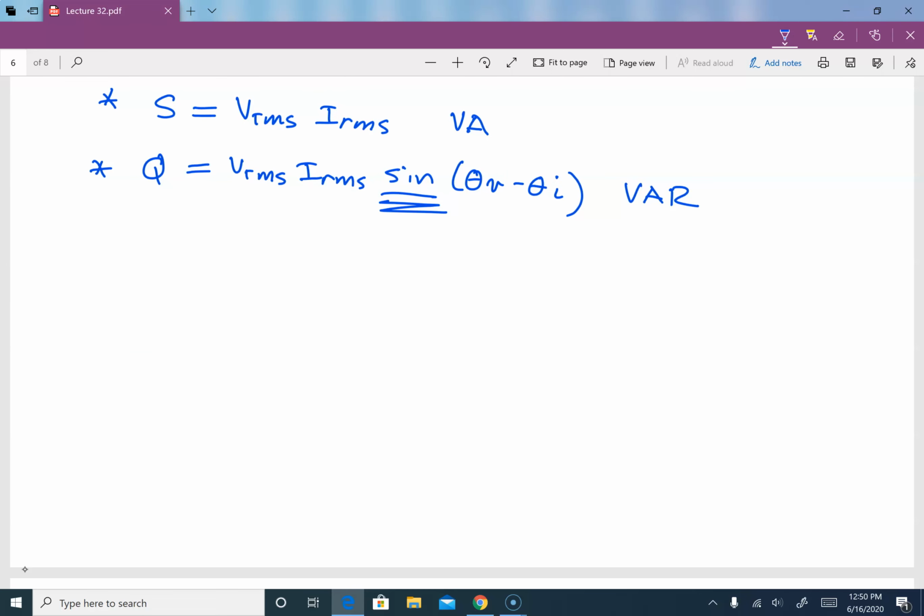So all the time our power triangle will be very helpful.